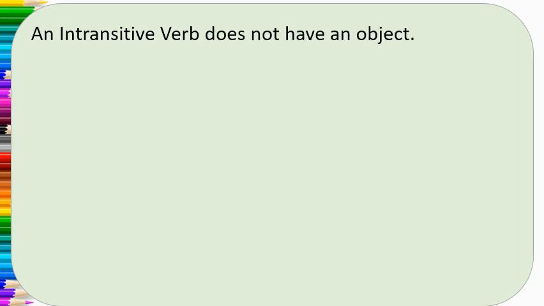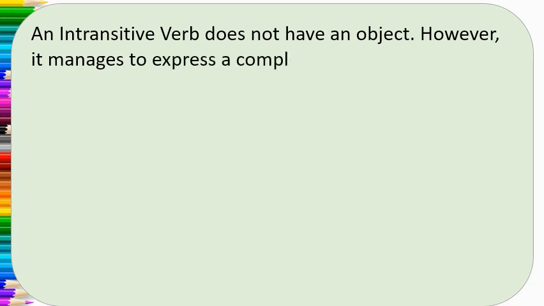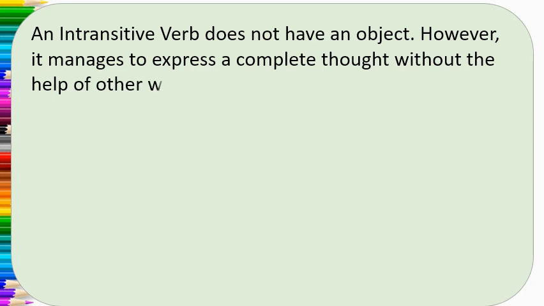So students, let us understand this term, verb of incomplete predication. First of all, let us see what an intransitive verb is. An intransitive verb does not have an object. However, it manages to express a complete thought without the help of other words. To clarify it, let's see some examples.